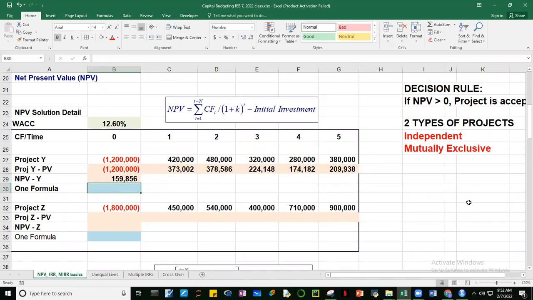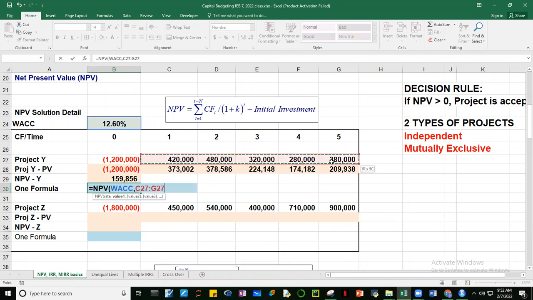But we learned before that there's a shortcut for this. Just get the NPV. We'll just use the net present value function of Excel. The rate is still WACC. However, guys, recall that the NPV function of Excel uses future cash flows. Therefore, we have to highlight these future cash flows, and then just add back the initial investment.